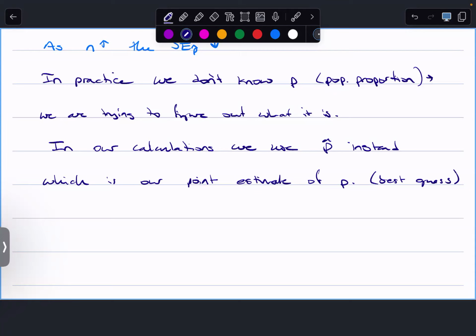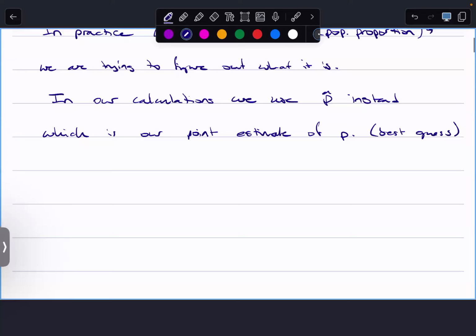All right, I took a sample, and as long as my sample size is large enough, then I can use the normal distribution and I can find the standard error. And what I can do is use the p hat instead of my p's.